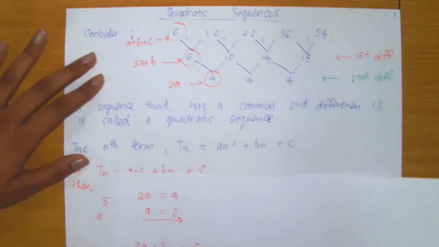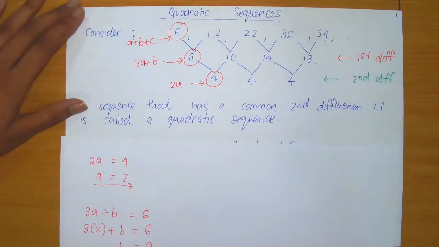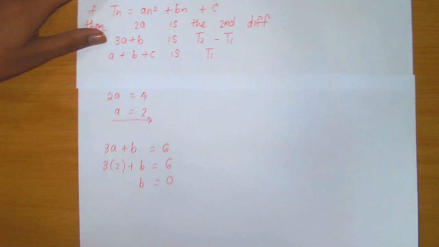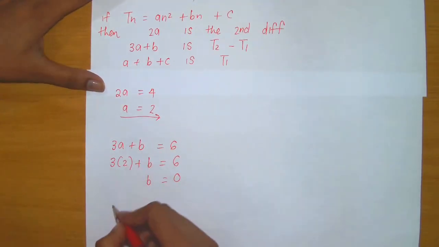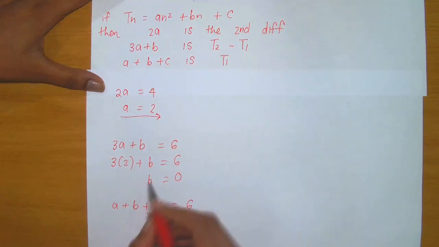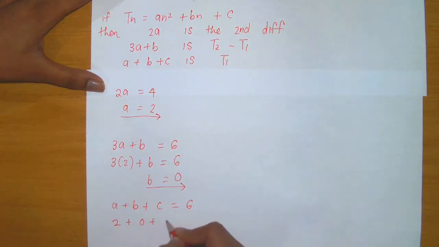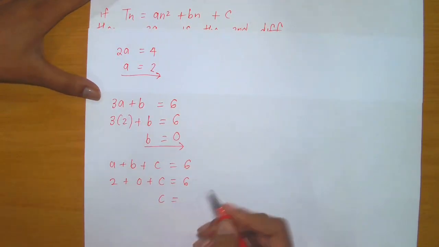And finally, we have that a plus b plus c equals the first term, which is 6. So solving for c, a plus b plus c equals 6. We know what a is, we know what b is, so we've got 2 plus 0 plus c equals 6, and therefore we have that c equals 6 minus 2, which is 4.